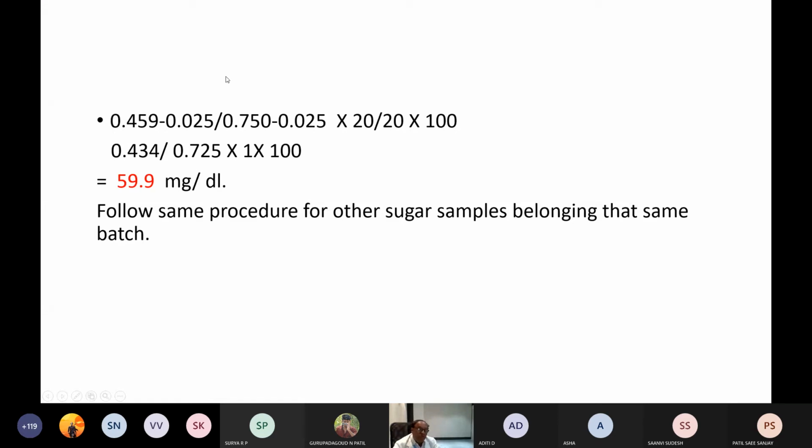This estimation can also be done on the colorimeter, because it is producing a color solution. This color solution can be used in the colorimeter also, but more precisely in the spectrophotometer.